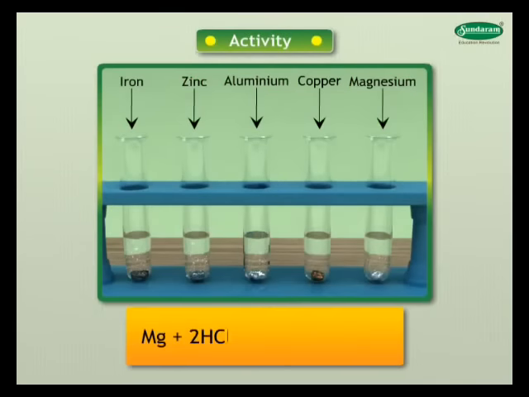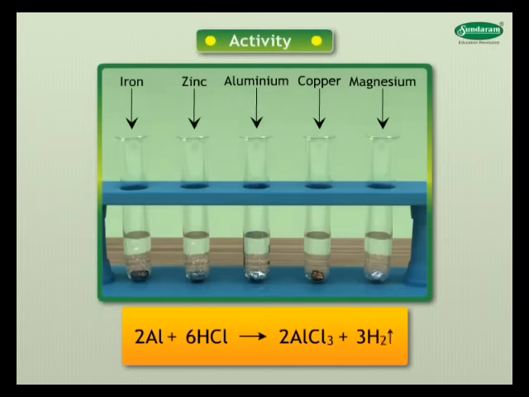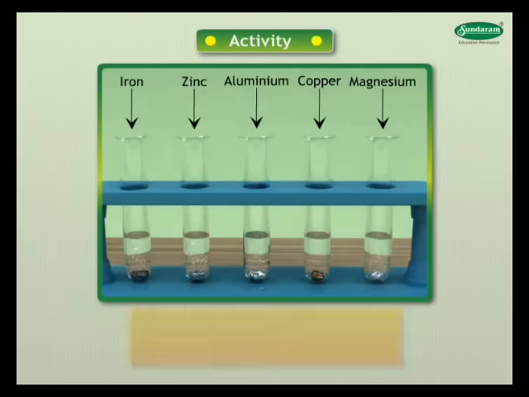Mg plus 2HCl gives MgCl2 plus H2. 2Al plus 6HCl gives 2AlCl3 plus 3H2. Fe plus 2HCl gives FeCl2 plus H2.